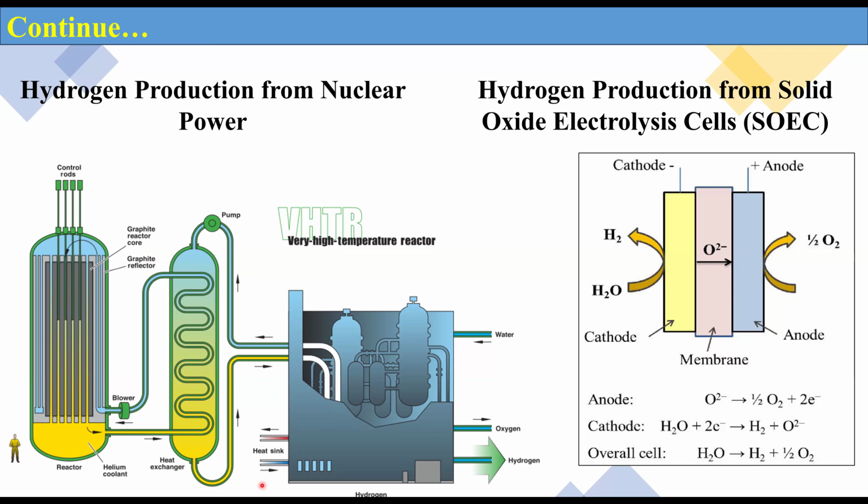In electrolysis mode, external power is supplied in the form of DC and applied across this SOEC. Two separate electrochemical reactions take place at the anode and cathode, where reduction and oxidation reactions occur, and based on that the hydrogen is formed in the form of the overall cell reaction.